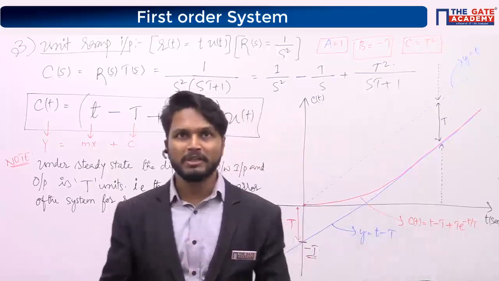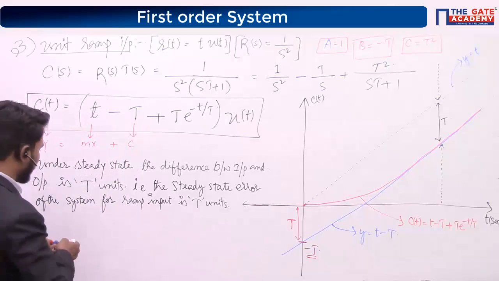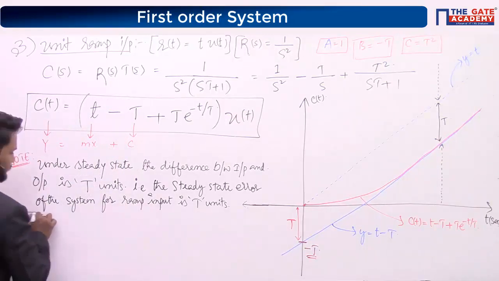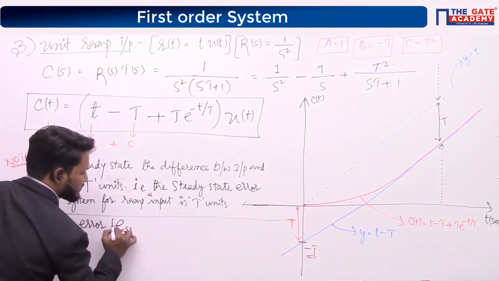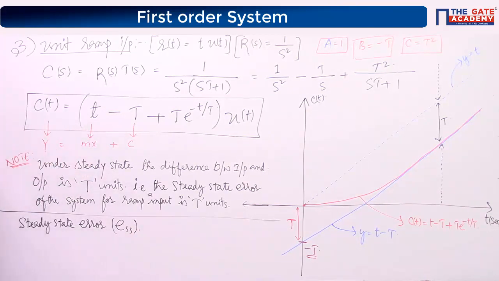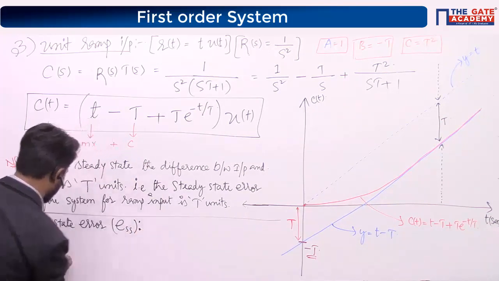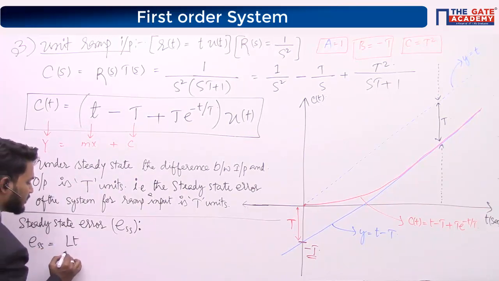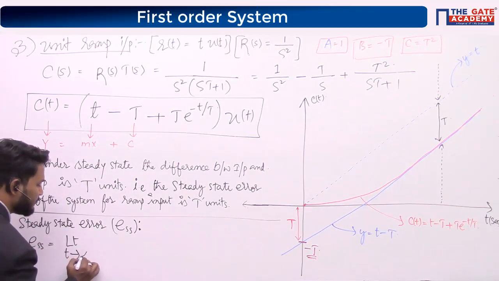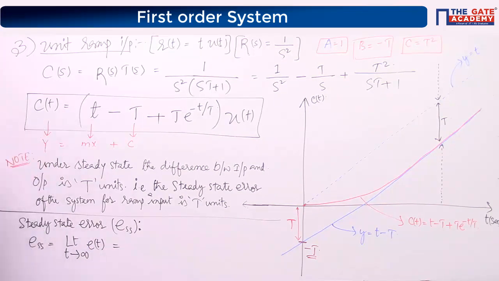So what do you mean by steady state error? You can define steady state error, represented by E suffix SS, as E SS is equal to limit t tends to infinity E of t, right? So what is E of t?